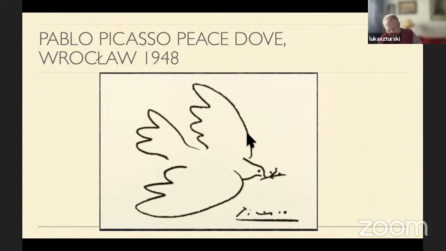In 1948, a Polish government had launched in Wrocław, formerly Breslau, a town which had been on the Polish side of the border after the Second War, organized a kind of a culture congress, intellectuals against the war, or if you want, intellectuals for peace.